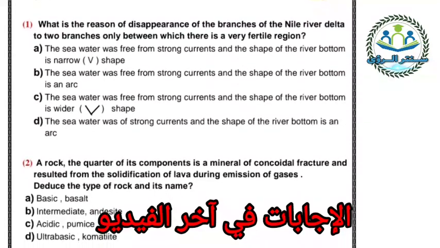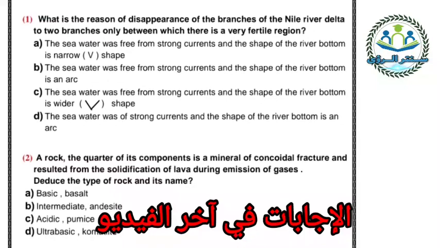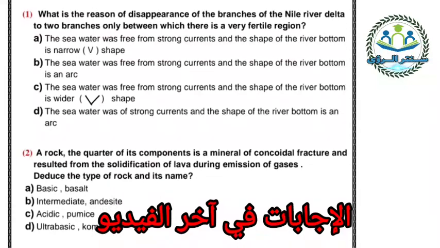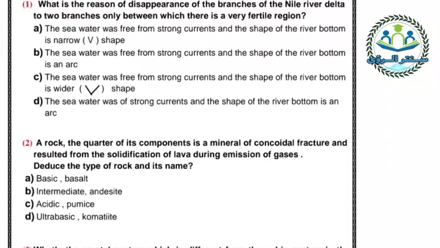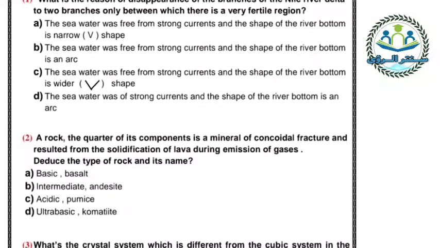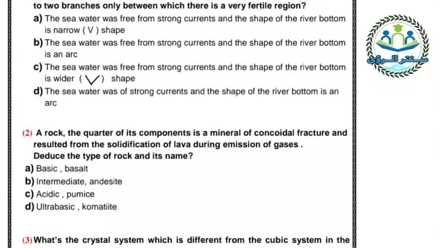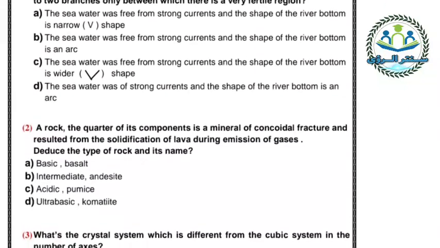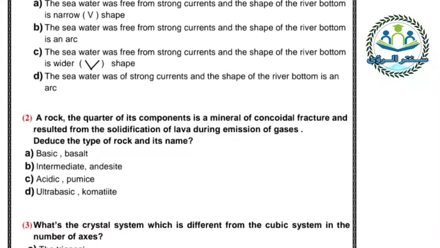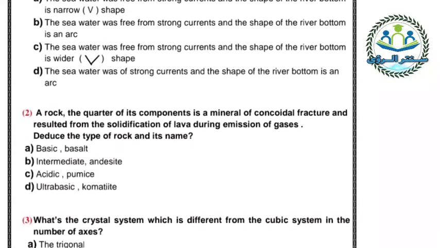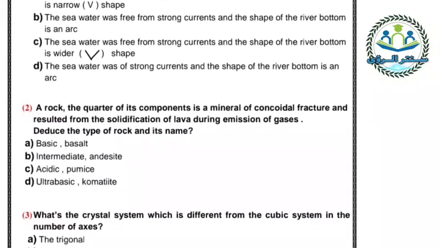B. The sea water was free from strong currents and the shape of the river bottom is an arc. C. The sea water was free from strong currents and the shape of the river bottom is wider shape. D. The sea water was of strong currents and the shape of the river bottom is an arc.